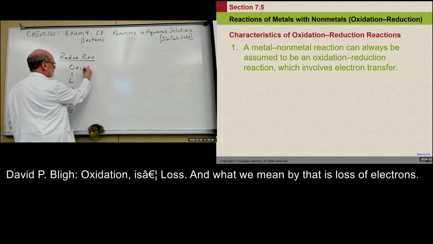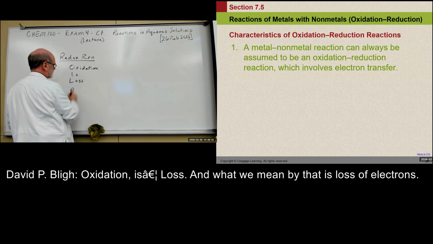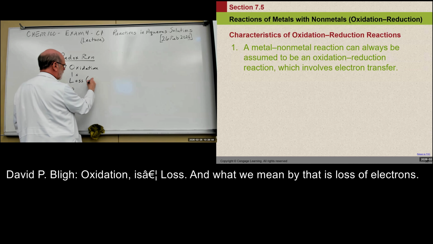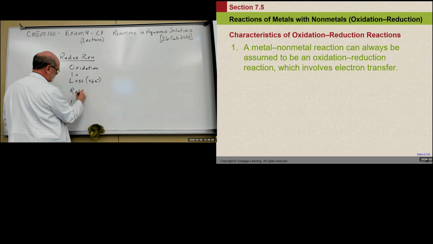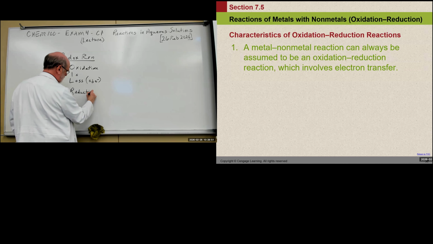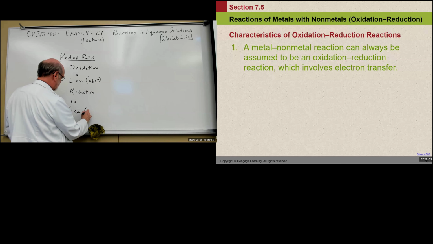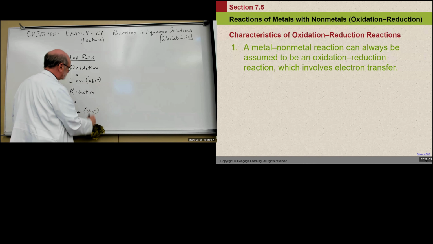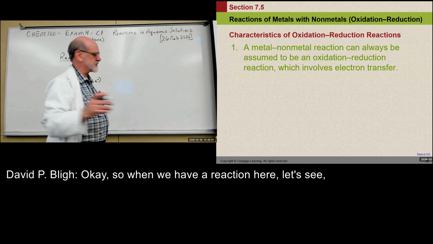Oxidation is loss, and what we mean by that is loss of electrons. Reduction is gain of electrons.